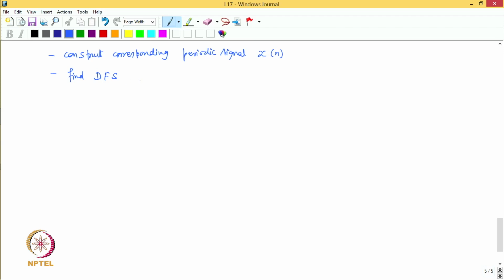We know that the discrete Fourier series is periodic, and one period of the discrete Fourier series can be used to represent x(n) in the frequency domain. So one period of the DFS describes x(n) in the frequency domain.